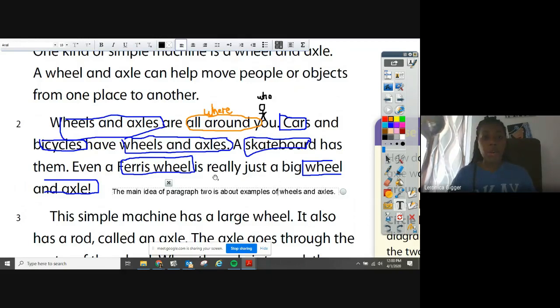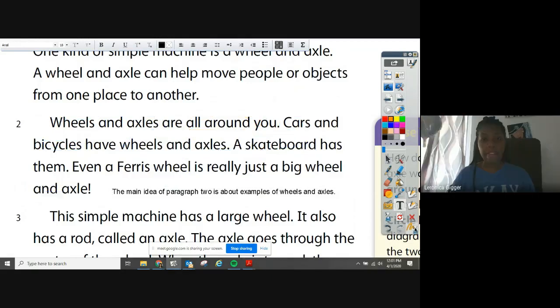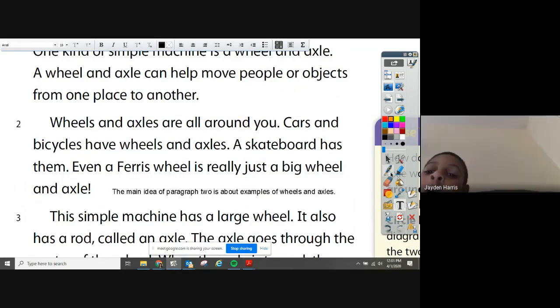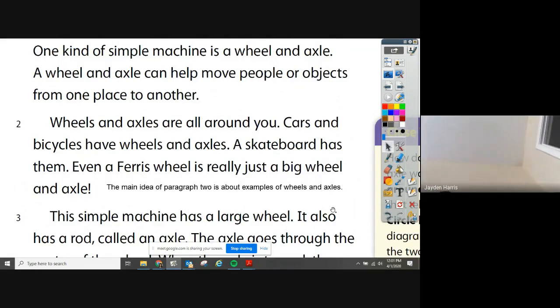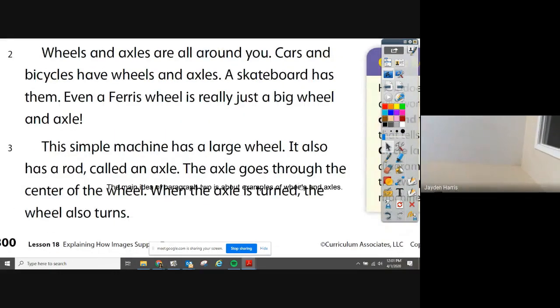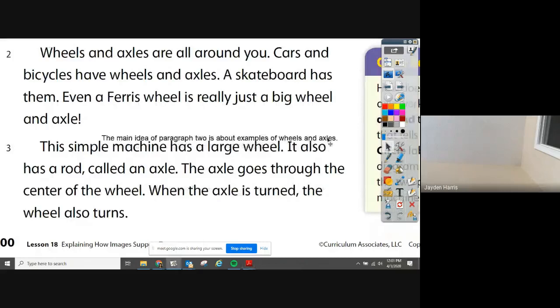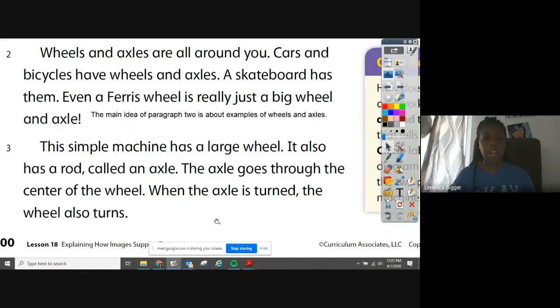All right. So we learned some examples of wheels and axles in paragraph 2. So the main idea of paragraph 2 is about examples of wheels and axles. We're moving on to paragraph 3. So let's reread paragraph 3 really quickly. 1, 2, 3, read.